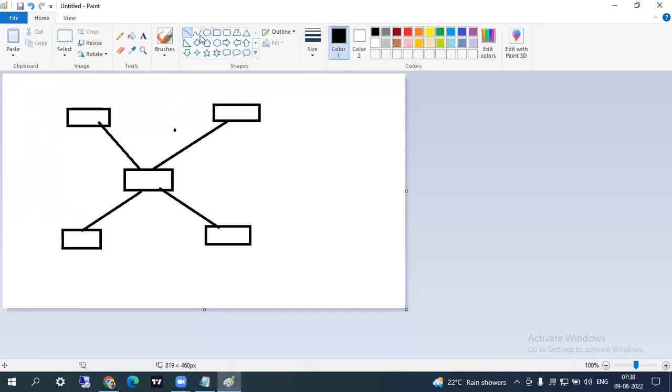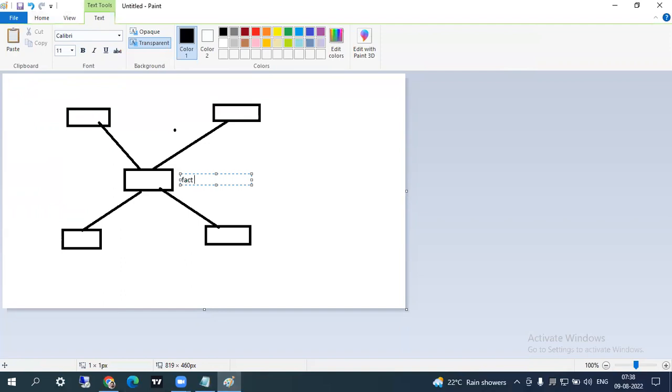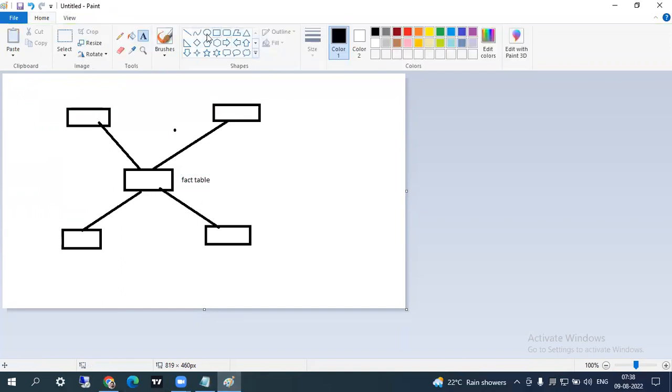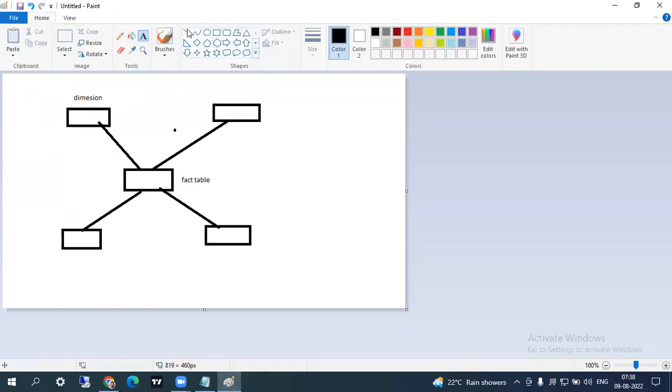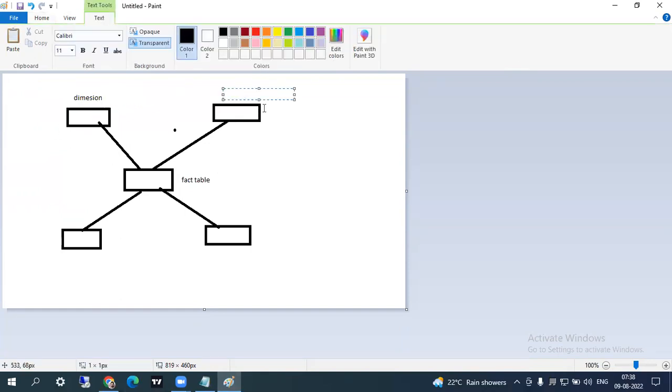In the star schema, the fact table you would be having at the center, and the dimension tables you would be having around it, connected to the fact table.